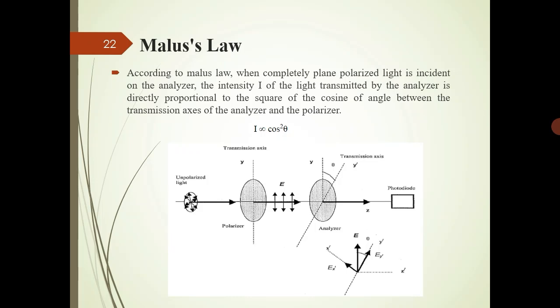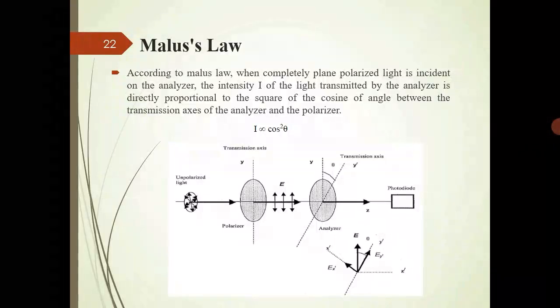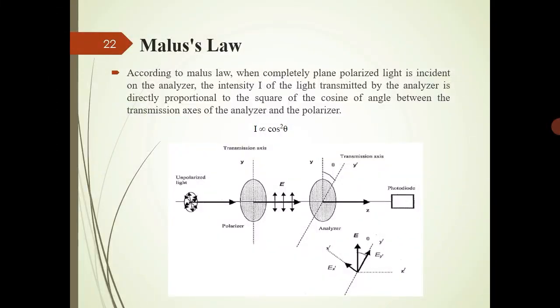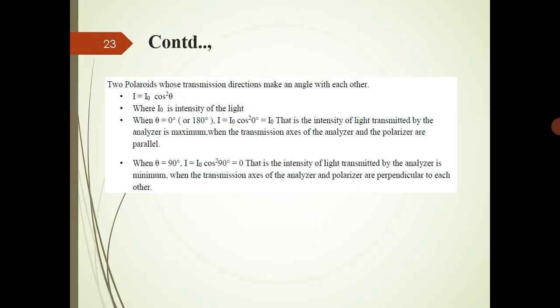Initially, I am giving an unpolarized light which may be randomly oriented in all directions. That light is given to a transmission axis, that means a polarizer. It is polarized to travel as a plane wave and is given to the analyzer, which analyzes the intensity of that signal, and that can be transmitted to the photodiodes.